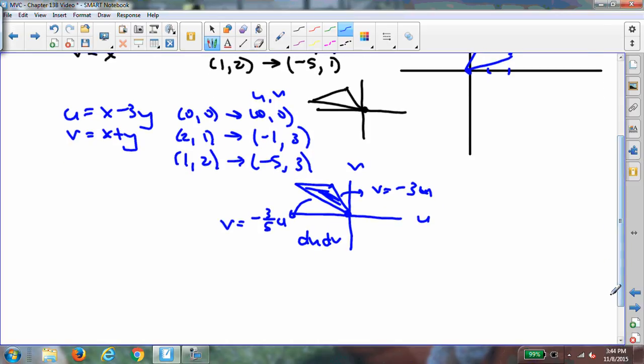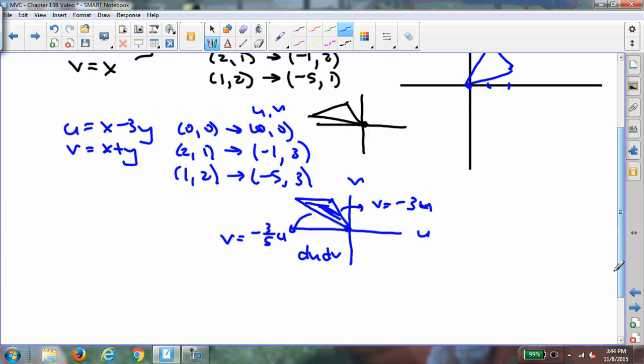Alright, so first I've got to solve for my Jacobian. Looking at these two equations, if I subtract them, I would get (v minus u) over 4 equals y. And then to solve for x, I can multiply the second one by 3 and then add them together. So x would equal (u plus 3v) over 4.